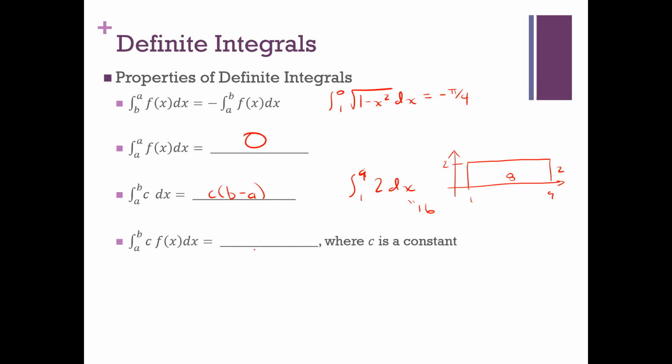We can treat multiplicative constants the same way we did for, remember, a definite integral is a Riemann sum. It's just a very specific kind of it. So if I have this situation here, I can say this is equal to the integral from a to b of the function f of x dx. I can take the integral first and then multiply it by a constant c.